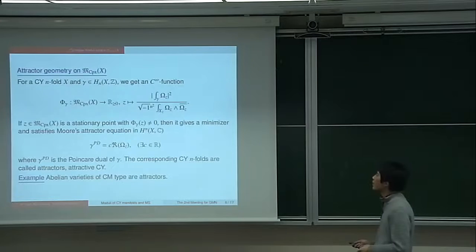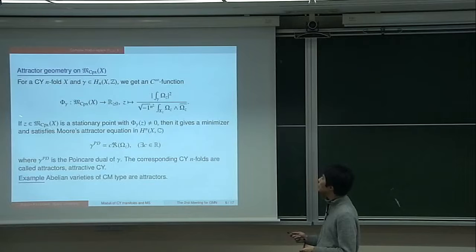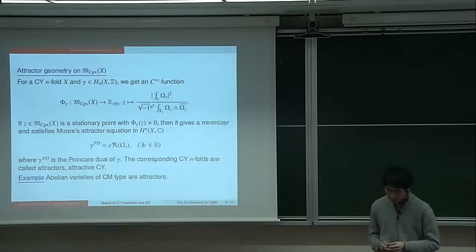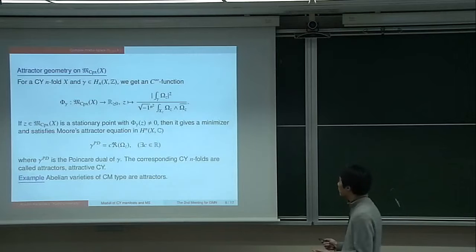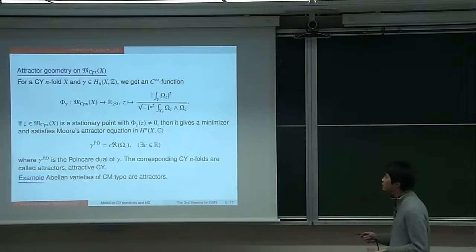And it's shown that if z in the moduli is a stationary point with non-vanishing value, then it gives a minimizer of this function. And it satisfies what's called Moore's attractor equation given by this form.